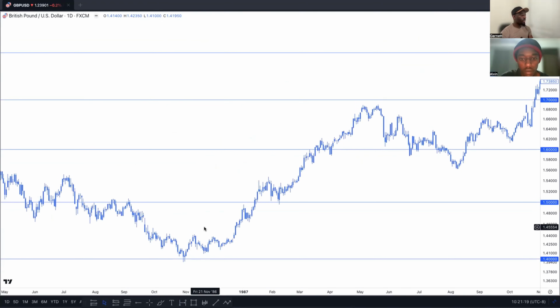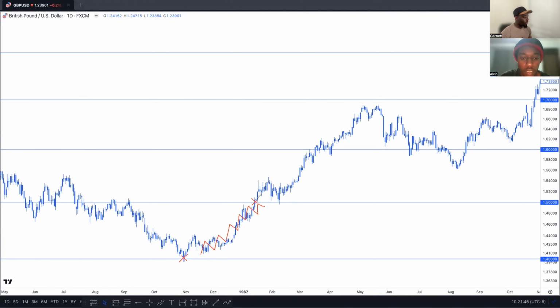So look at this. When you look from here, let me bring this drawing tool in. From here all the way to here, you can't really see the movement like this. But this is what you're looking for between the levels. You want to see it doing the higher highs and higher lows perfectly.